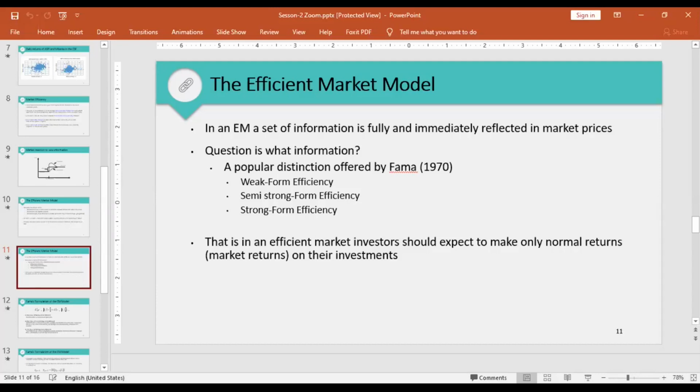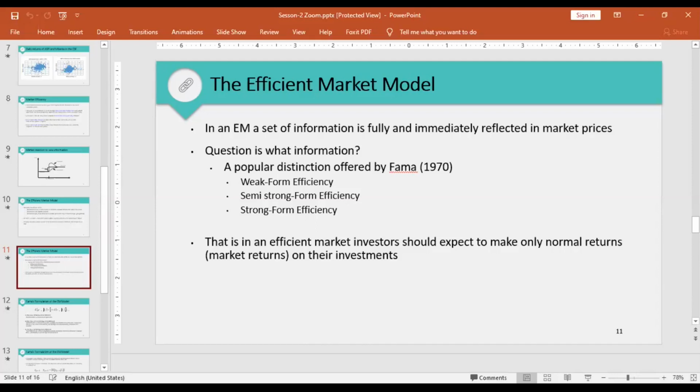But if it is semi-strong form efficiency, that means the market price is adjusted for all publicly available information, past and present, both. If it is weak form, the price is only adjusted for the past information. If it is semi-strong form, the price is adjusted based on all the information available for the investors, past and present.